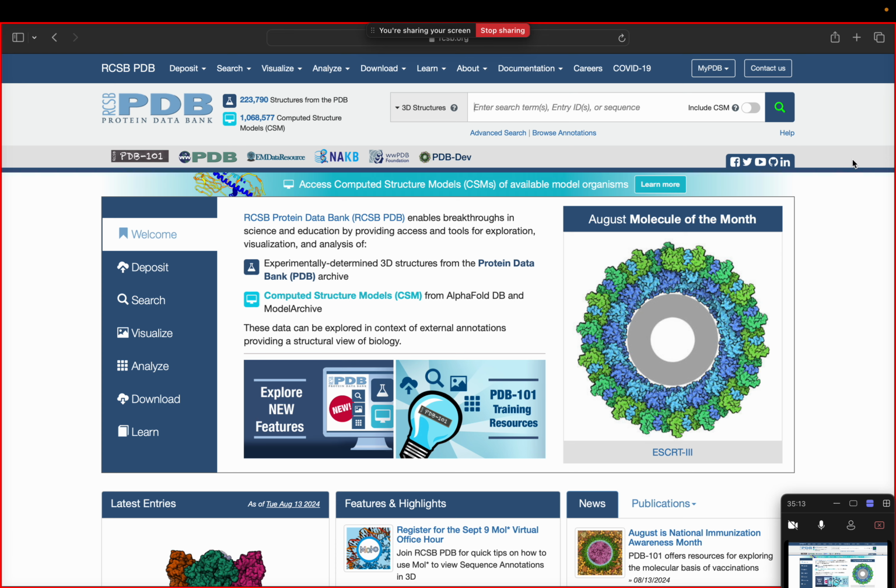Here it is. So this is the home page of PDB, that is Protein Data Bank. You can see that there are almost more than 2 lakh structures which are submitted in this database, and there are computed structure models. We have AlphaFold also.